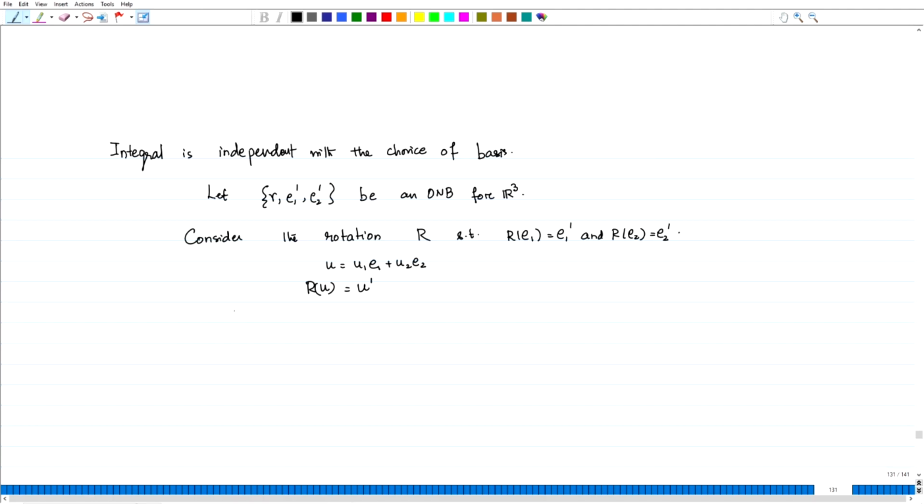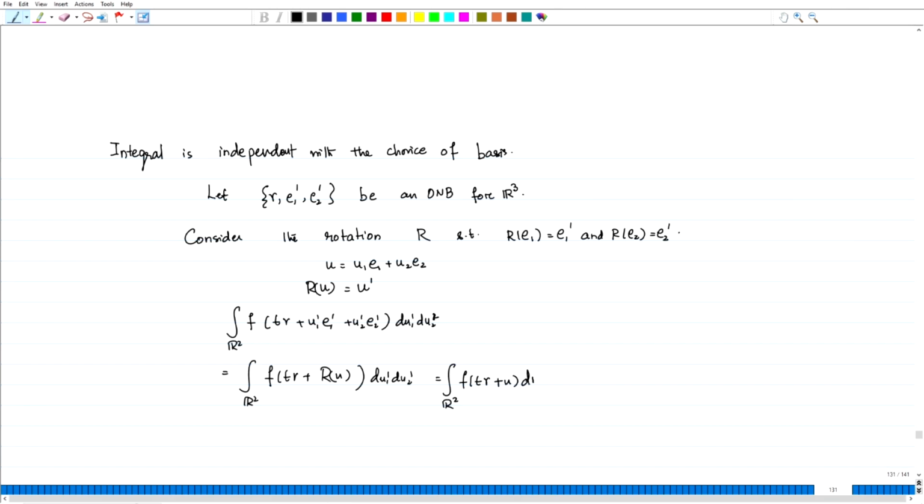Now we write the integral of f of t gamma plus u1 prime e1 prime plus u2 prime e2 prime, du1 prime du2 prime. With an abuse of notation, this is f of t gamma plus Ru, du1 prime du2 prime. Making a change of variable, we get the integral over R2 of f of t gamma plus u, du, which is du1 du2. So this is independent of the choice of basis.